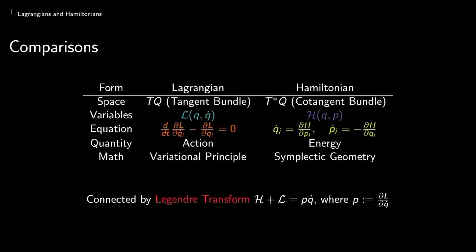So to compare the two, though, to highlight their similarities, both of them operate on bundles within a state space. The difference is the Lagrangian operates on a tangent bundle, the Hamiltonian operates on a cotangent bundle. What that basically means is that, if you think about it in terms of a vector field, the Lagrangian is sort of pointing you along.